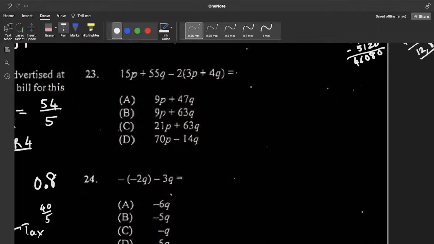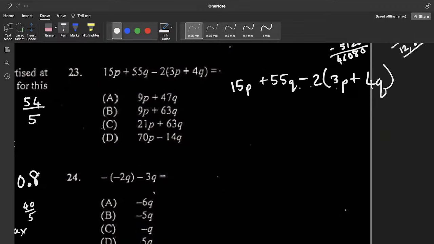Okay, so for this one here, we have 15p plus 55q take away 2 times (3p plus 4q). Okay, so if you're looking at this now, what we need to do is we have to expand this. So this has its own thing already going on, so we leave this here.